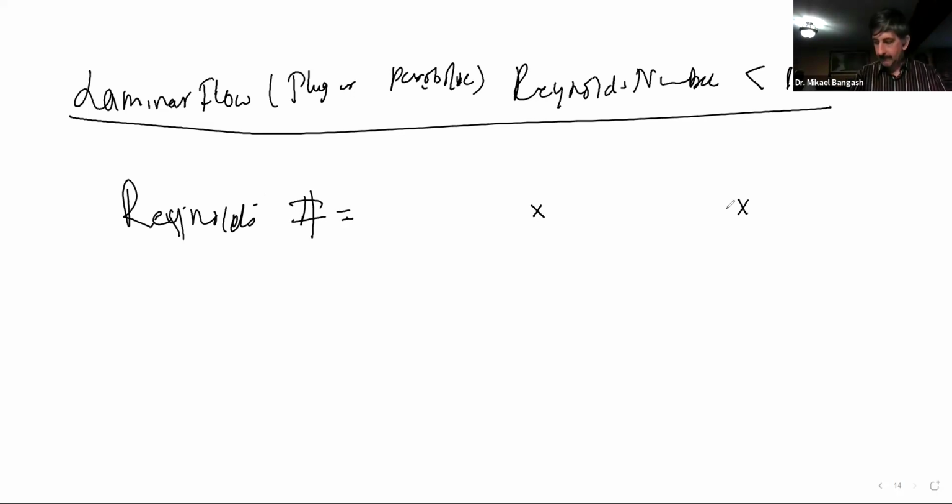Clear? It's going to be average flow speed. So we can mean this, the average speed at which a liquid is moving, right?